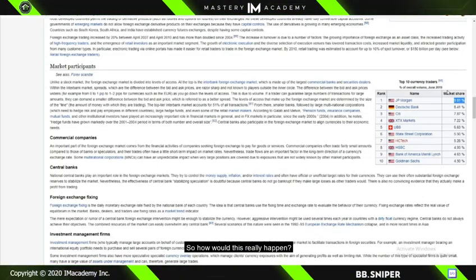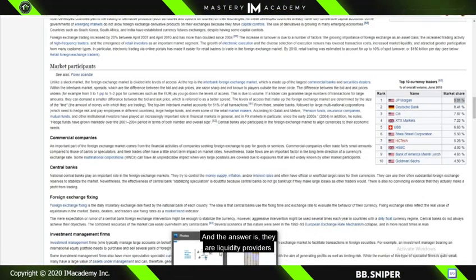So how would this really happen? A point on one lot size is a $1,000 contract, and you can keep going: a 0.10, 10 standard, you're just going up 1,000, 10,000, 100,000, a million in contract sizes. Yet we're talking about 13 trillion, and that's just from one entity. So how would they really participate in so much volume monthly?